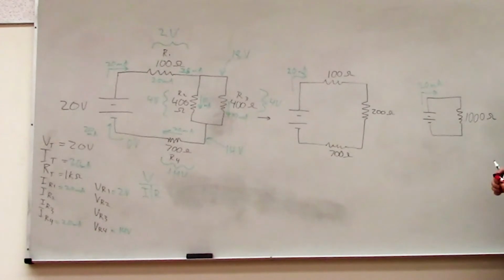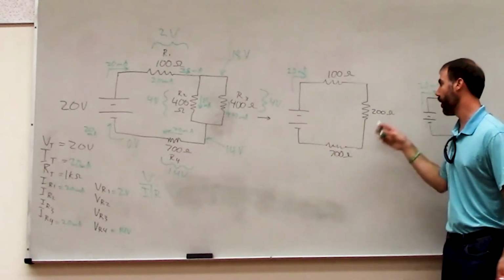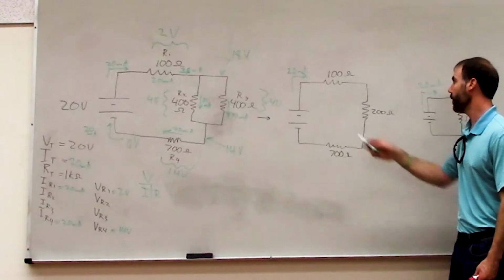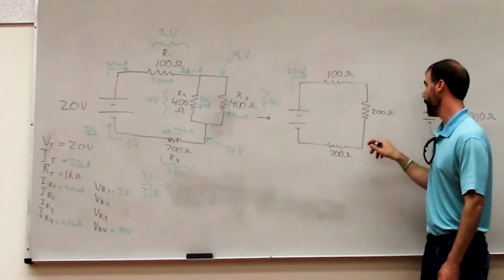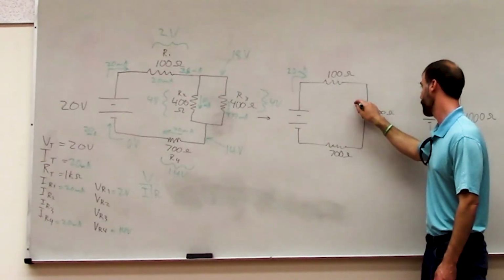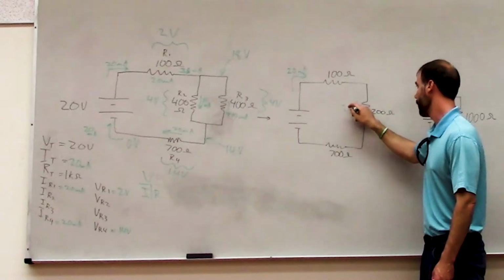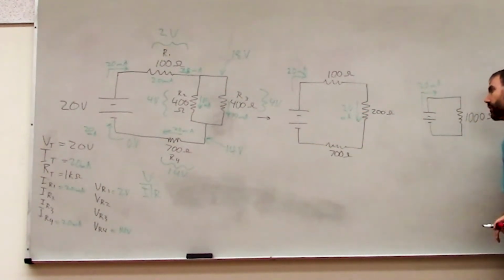Yet another thing that you could do is you could look at this equivalent circuit that we have drawn, and you could look at the current flowing through it. So you say that there's 20 milliamps flowing through each of these things. So there must be 20 milliamps flowing through this resistor.